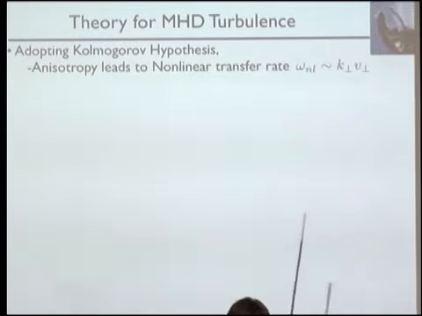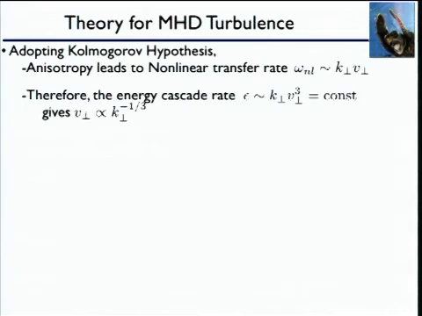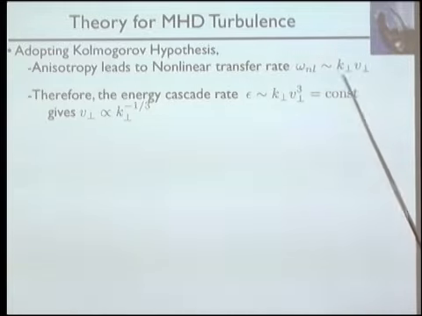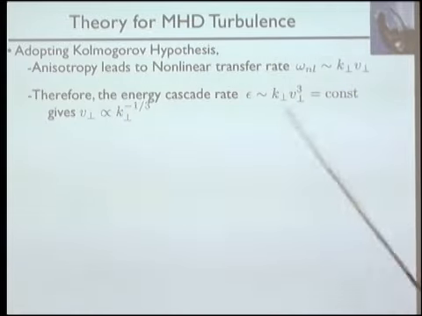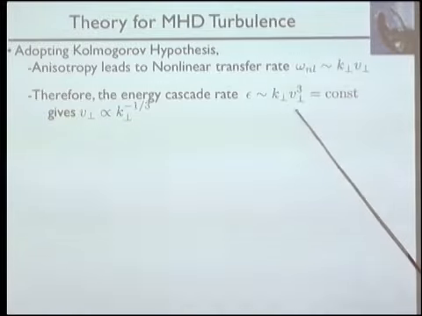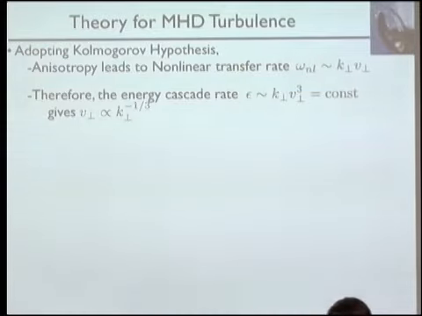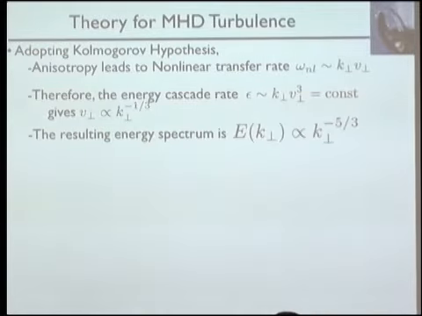Okay, so we put all this together, and the dimensional analysis now, thinking of the perpendicular direction, the anisotropy gives us a nonlinear transfer time, k_perp v_perp. The energy cascade rate of k_perp v_perp cubed constant again gives us v goes like k to the minus 1/3, which of course gives us k to the minus 5/3 again for the energy spectrum.